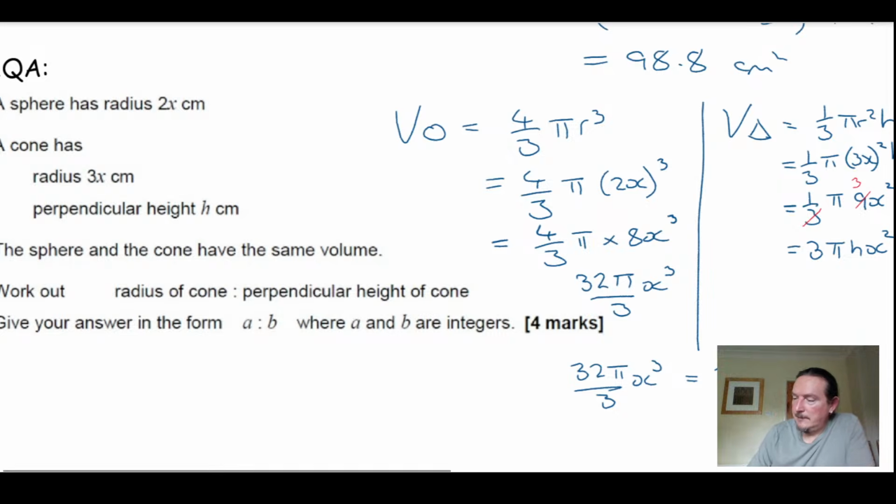Ooh, that's not very nice. So then we get rid of the pi's. I might just multiply through that 3 and get 32x cubed equals 9x squared h.